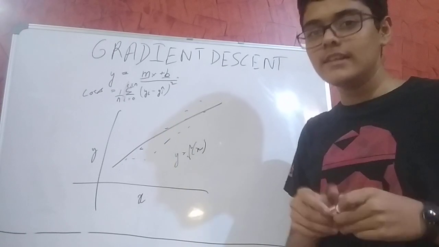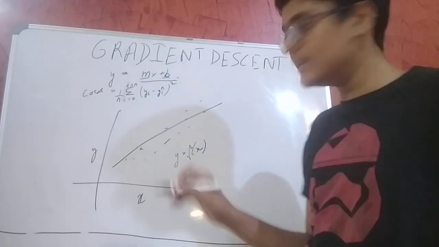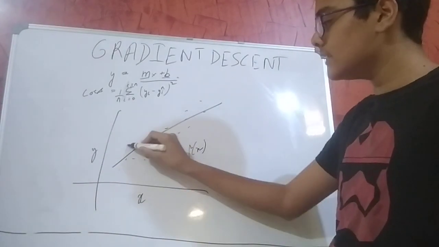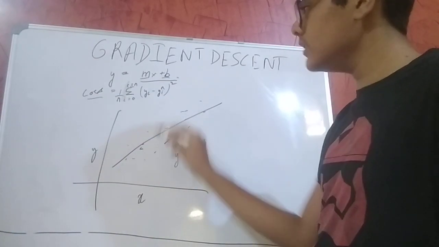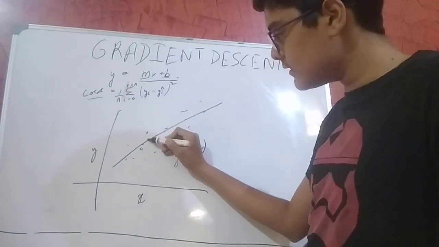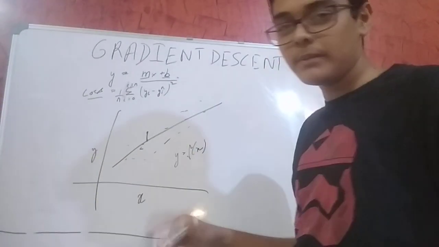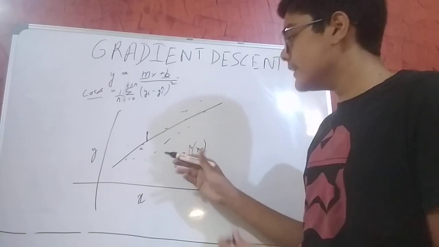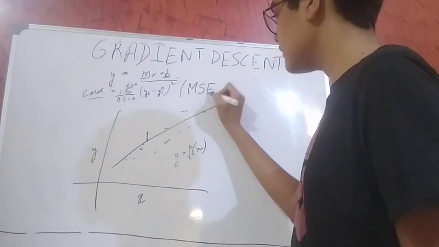Quickly, I'll tell you what we covered today. Y equals mx plus b is to calculate this line so that it fits these data points the best, right? Then we defined our loss function, which was the y difference, and we squared it because we always need a positive value, and we take the mean of that. This is called the mean squared error loss function.